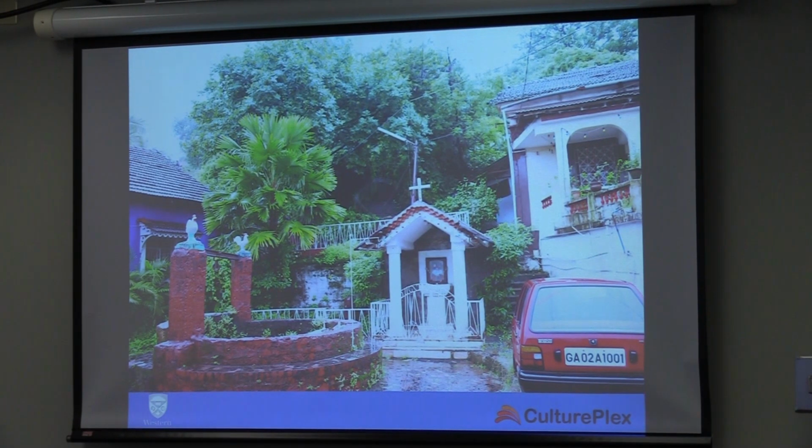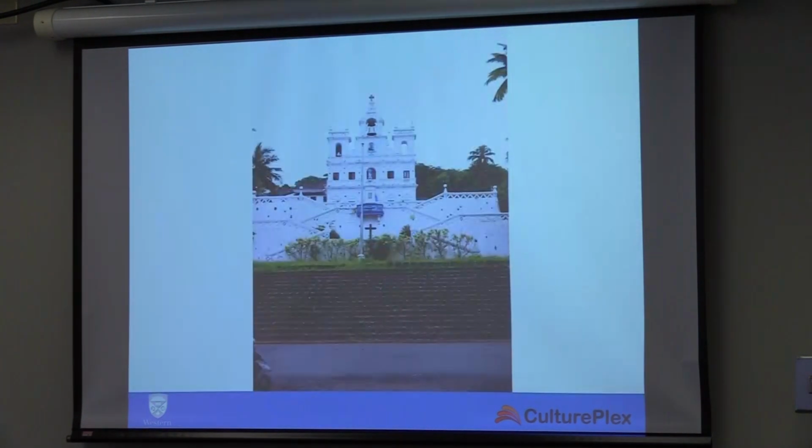So again, you see these objects that have certain cultural meaning, cultural practices in a place, and they move with people when they move to another part of the world. This is very close in Panjim to this church, which is the Church of the Immaculate Conception in Panjim.